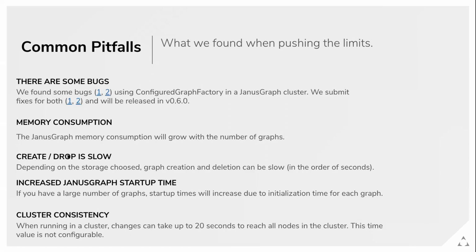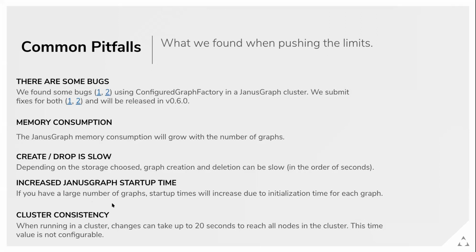The operations over the graph, like create and drop, can be slow if you are using Cassandra with probably hundreds of keyspaces. It can take on the order of 5 seconds or so. So it's not really fast.